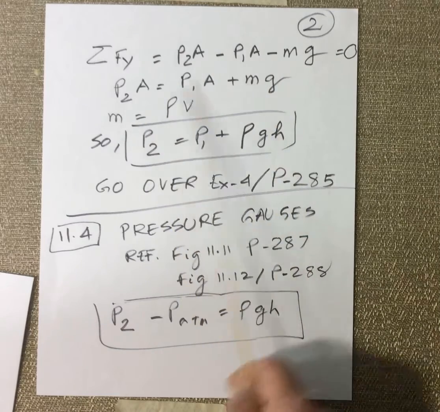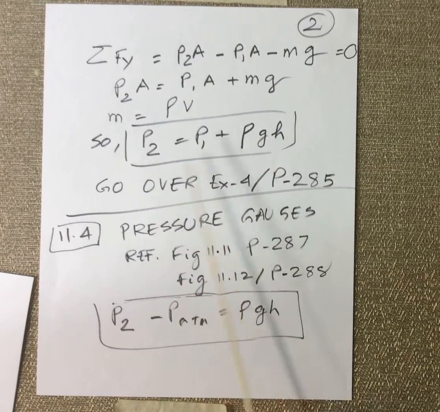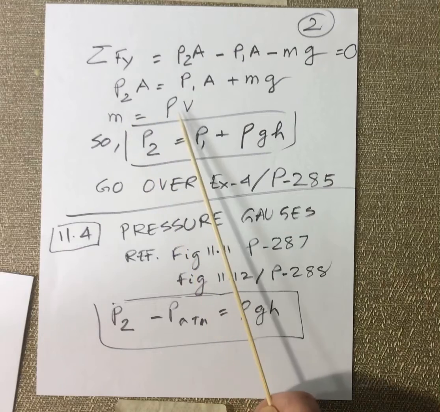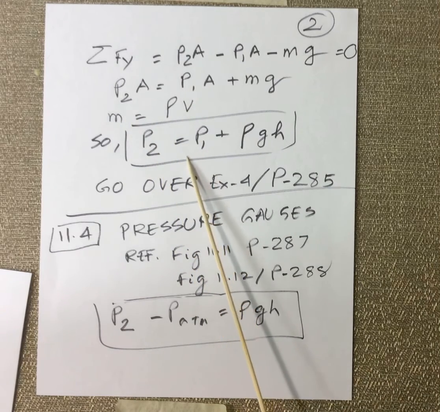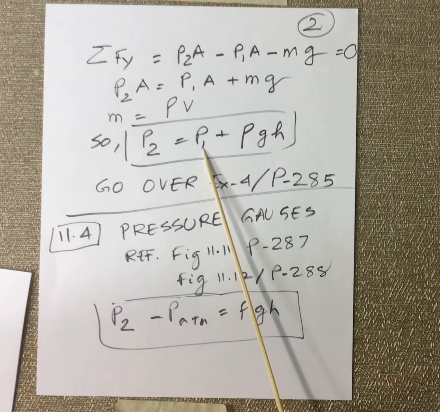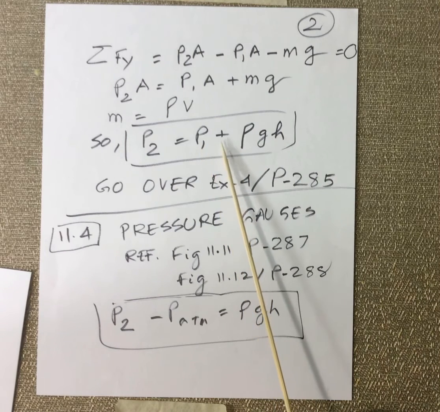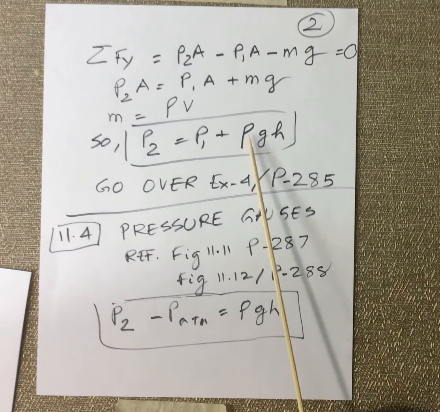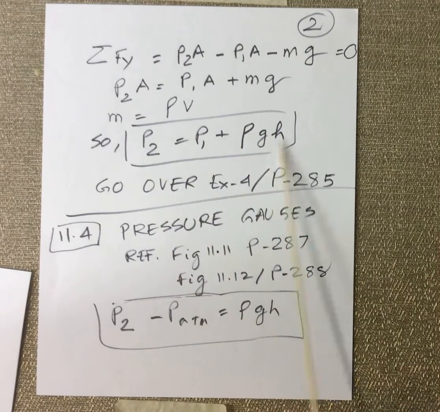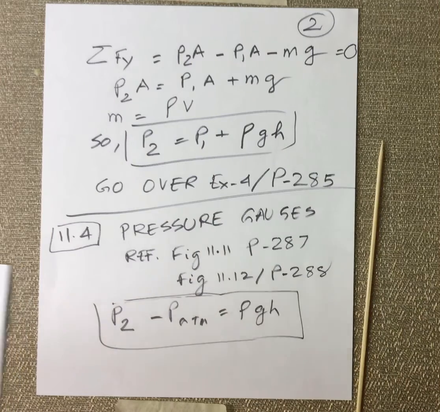And after you simplify it further, m equals rho times V. So you have P2 here equals P1 minus rho g, which is rho g h.